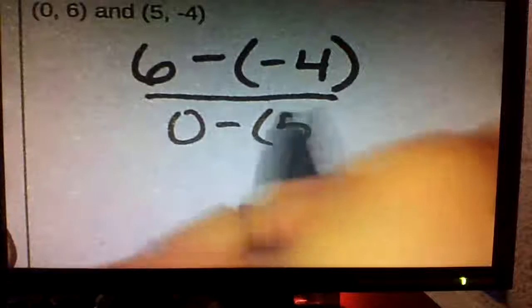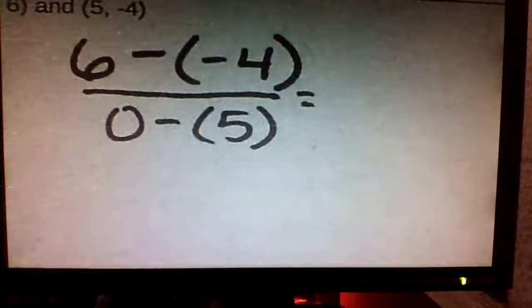0 subtract 5. Careful. You're getting stuck on that minus a negative. You have to be careful with that double negative because that minus a negative turns it into plus a positive.